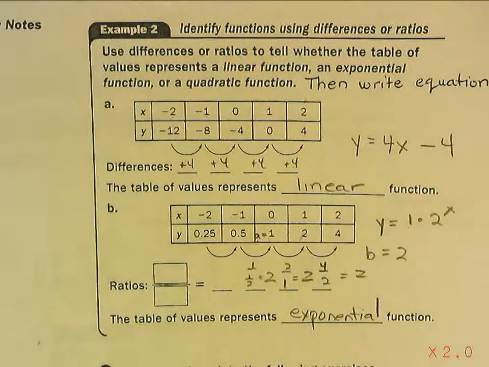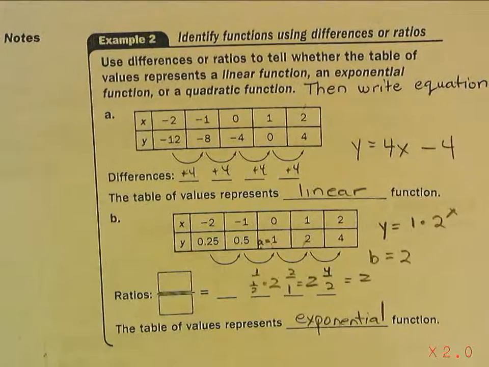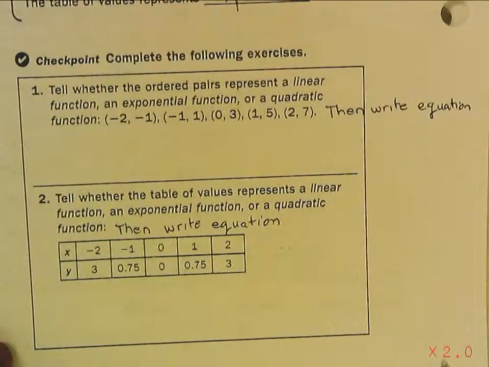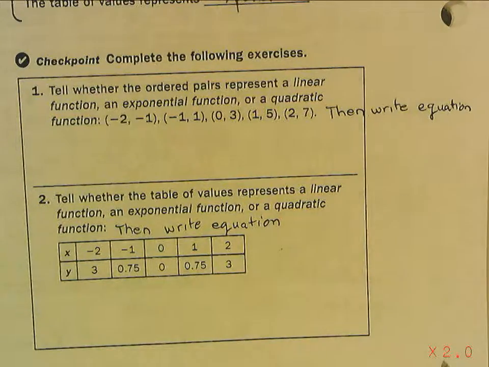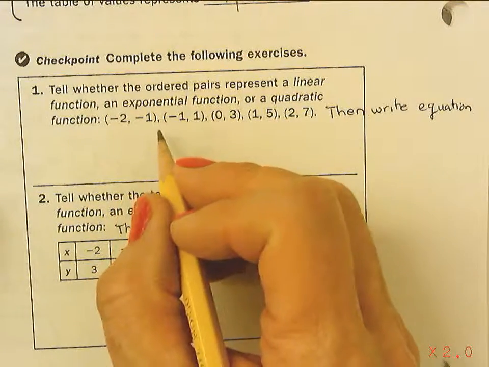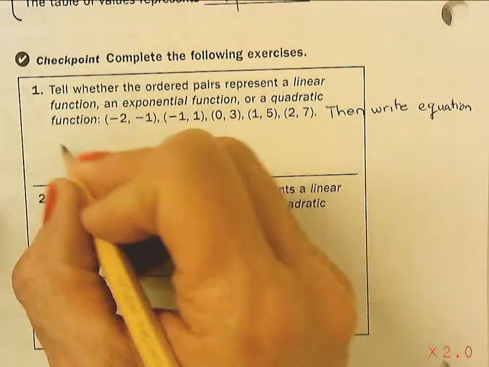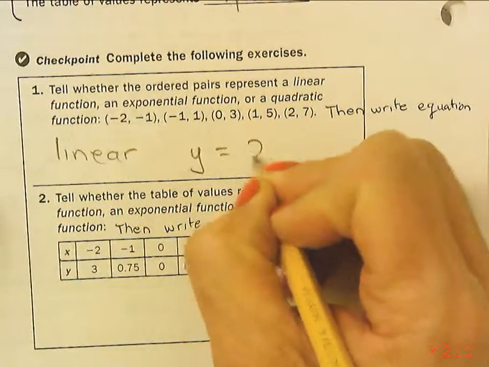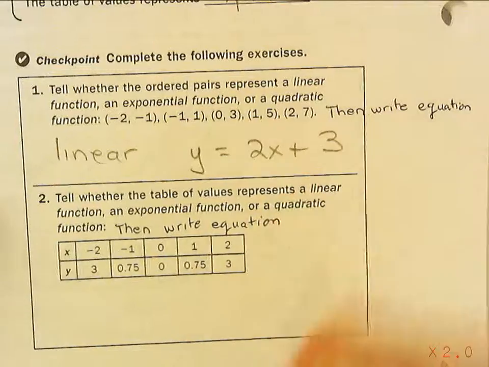Now I want everybody to turn the video off, and you're going to try to do checkpoint number 1 and 2, and then check after you do it. Okay, so if you're turning this back on, that means you have done this already. If we look at number 1, we notice it is a linear equation, and the equation is y equals 2x plus 3.